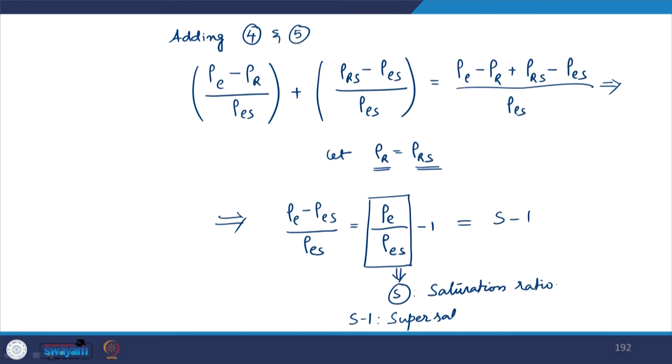S is the saturation ratio, which is a ratio. If it is 1, or if it is saturation, it is 100%. Now, this term itself can be maximum 100, and you take 100 out of it, I mean 1 out of it, then you will realize what this supersaturation ratio is, right. So, now this was the addition of LHS.